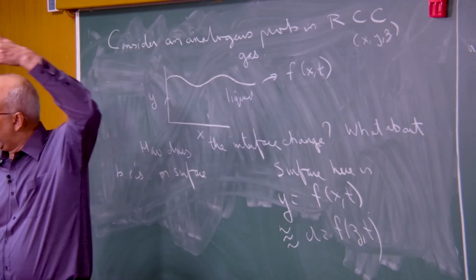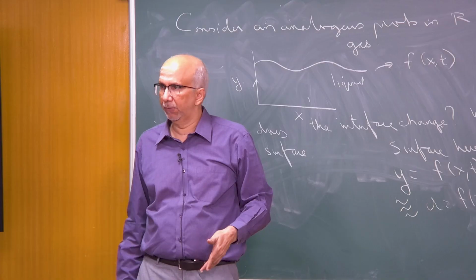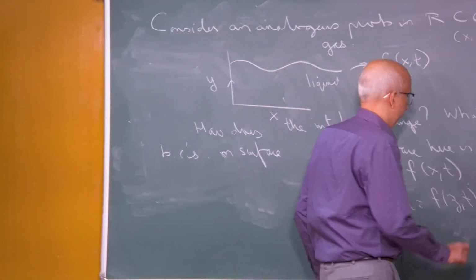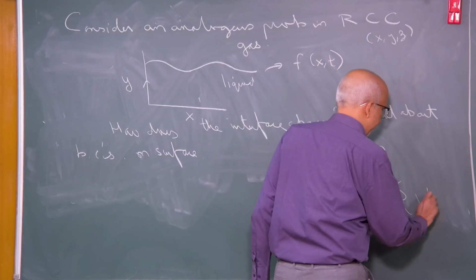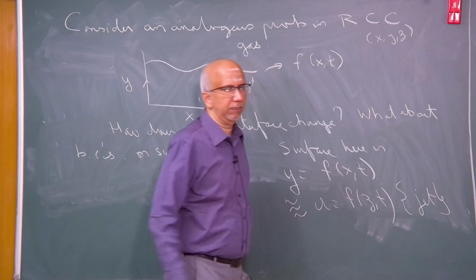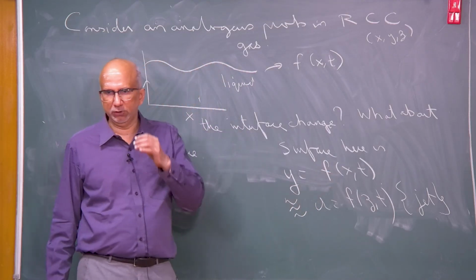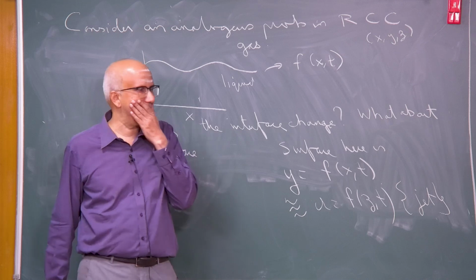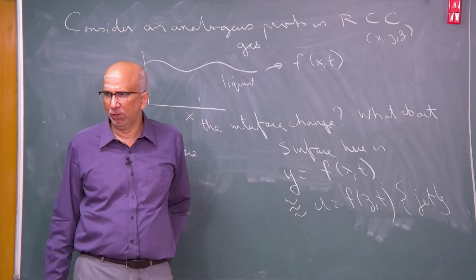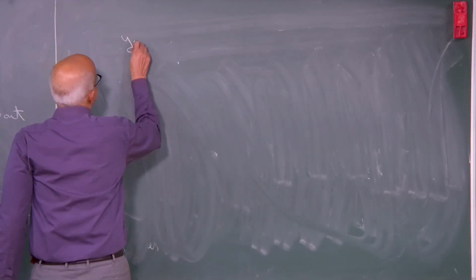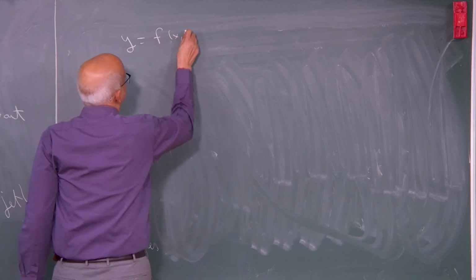What we saw earlier for the jet problem, this is like my r, this is like my z. But I am going to Cartesian because I think it is easy for you to visualize things. Then mathematically we will extend to cylindrical. y is equal to f of x comma t.